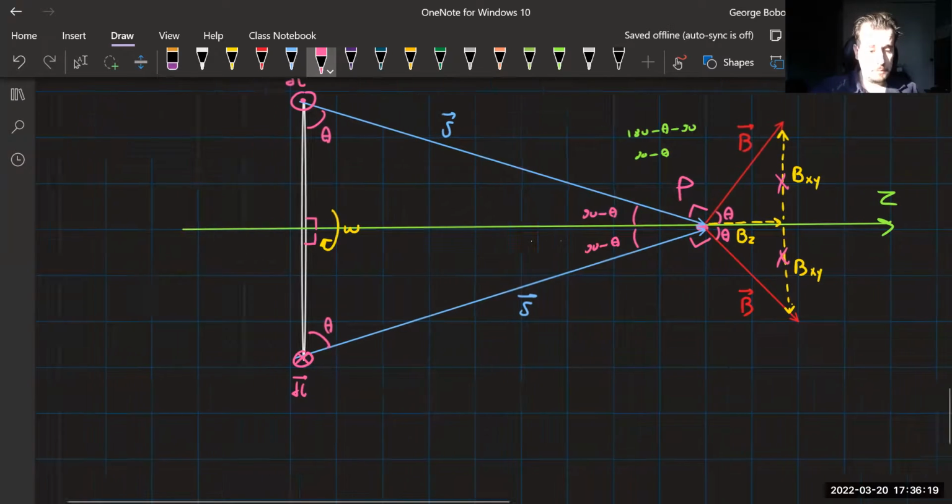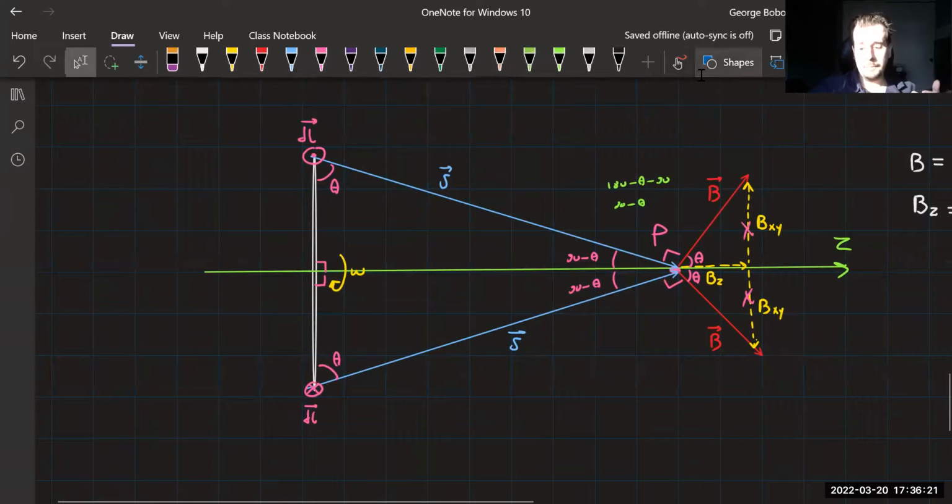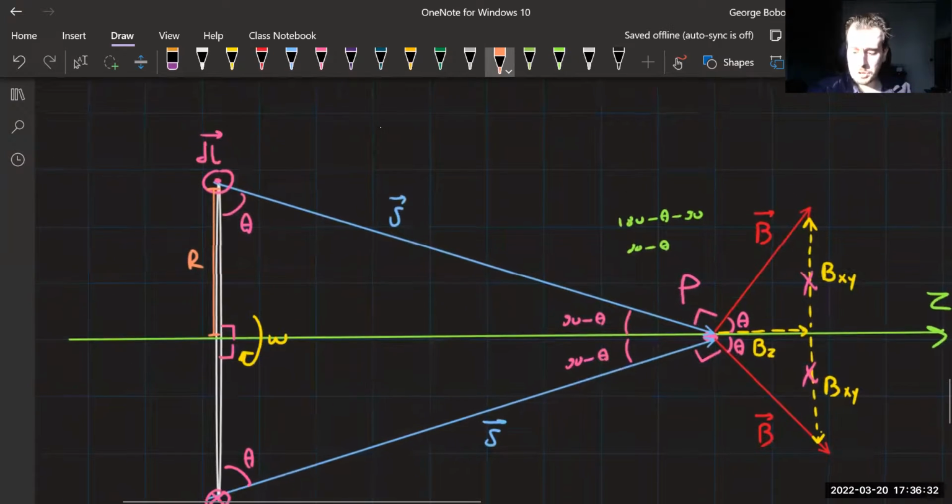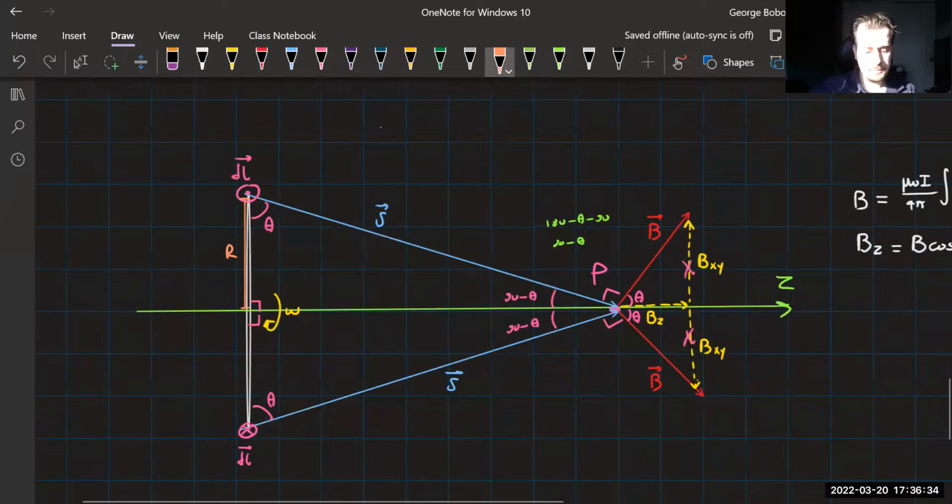Okay, fair enough. Now, the ring had a certain radius that I'm ignoring here all this time. It had a radius R, capital R. So I think you can start seeing where I'm going with this.